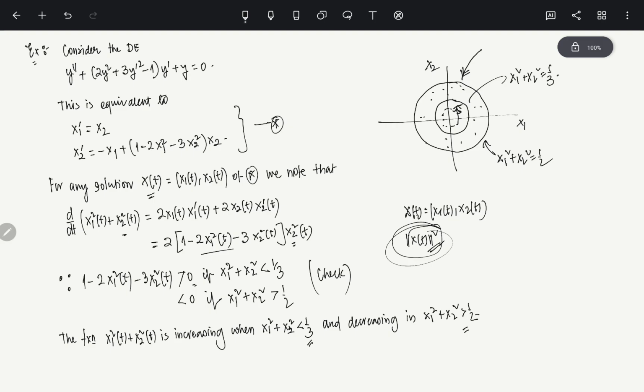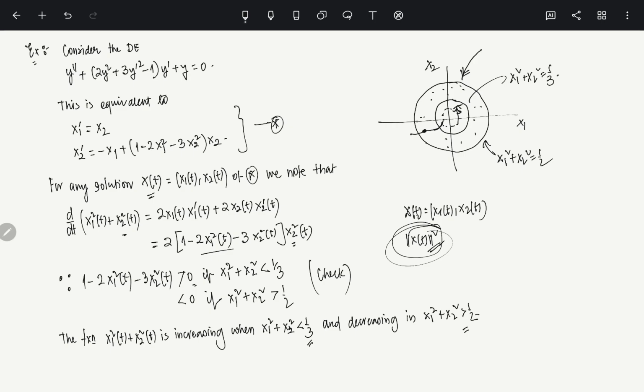You understand? So what that says is, if a trajectory starts anywhere here in the annulus, then it will remain in the annulus. It cannot go this way, because it is decreasing in this way, and it cannot cross this and go here, because in this case it is increasing.